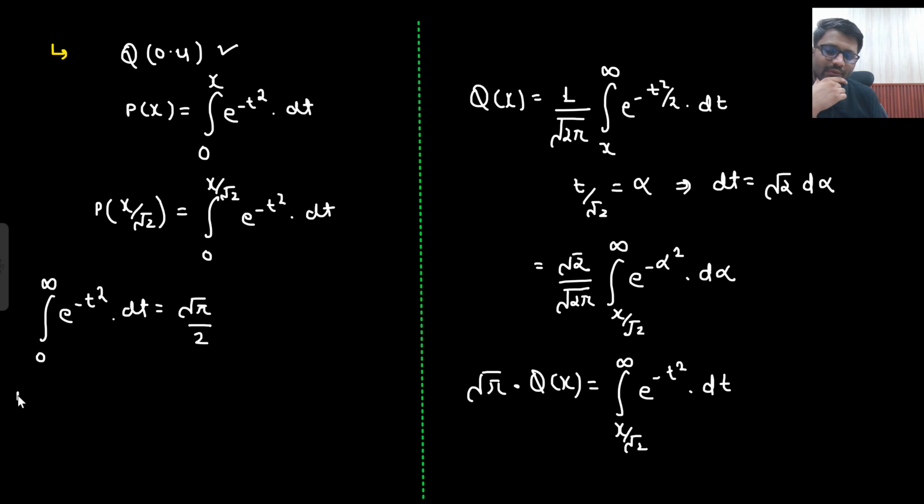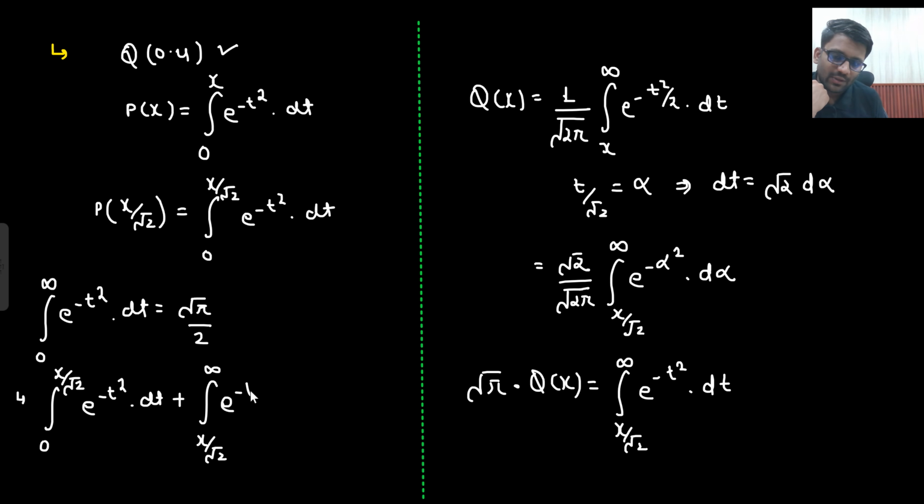What will this be equivalent to? From 0 to x by under root 2 e to the power minus t square dt plus x by under root 2 to infinity e to the power minus t square dt is equal to under root pi by 2. Now you are approaching the answer.